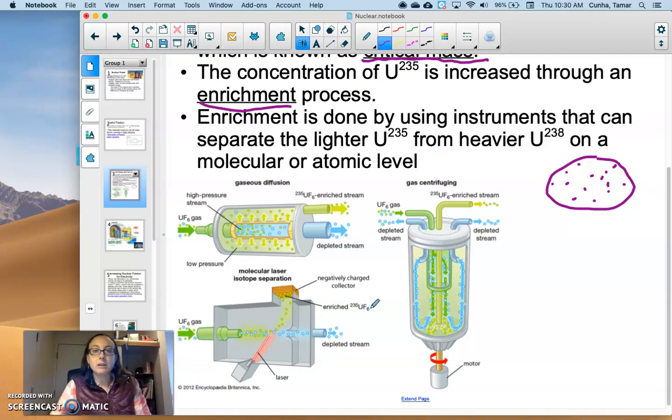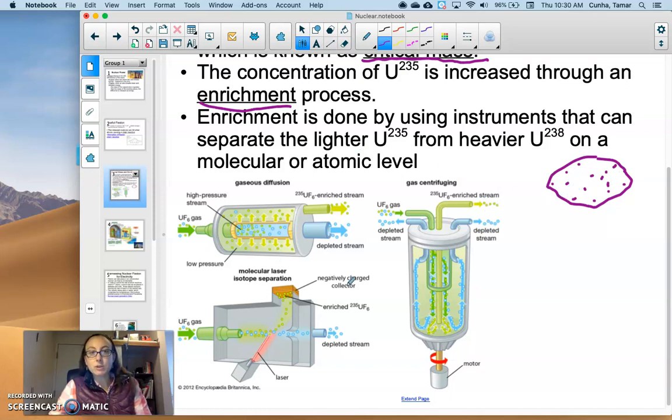That can be done in a couple of different types of materials, but basically if you want a visual of that, it's like we're shaving off some of the non-fissile material, and we get a smaller ultimate quantity, but a more highly concentrated amount of the fissile material that we want.